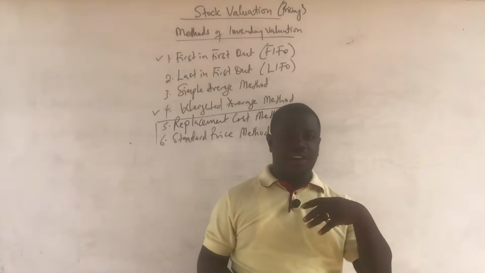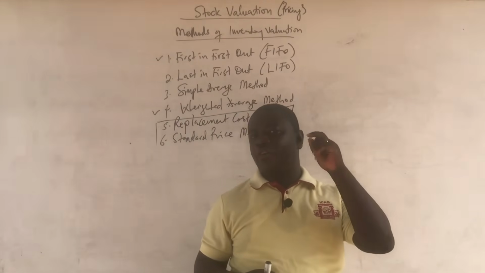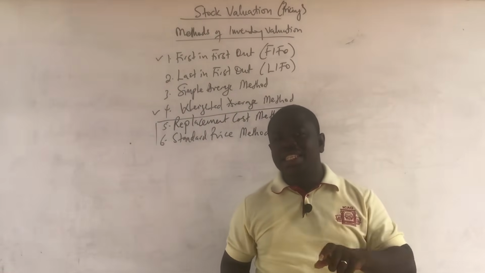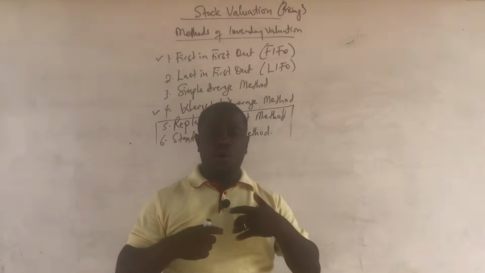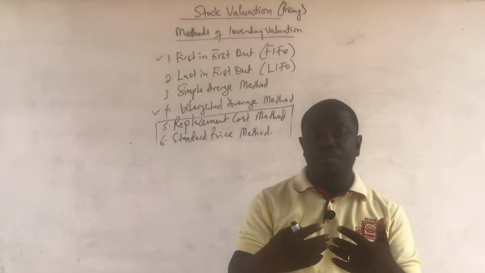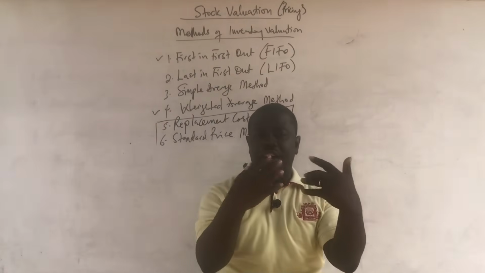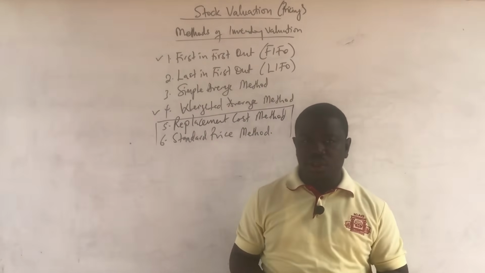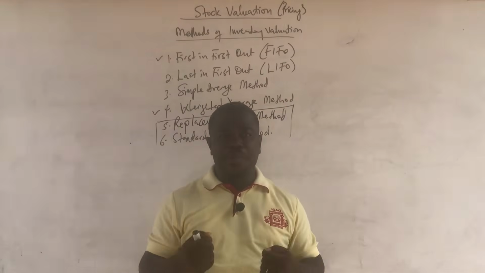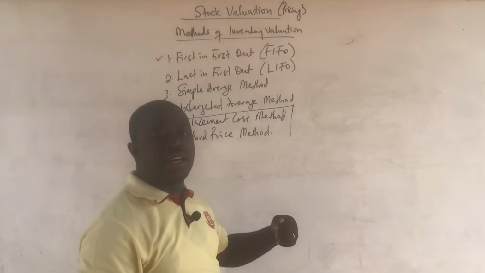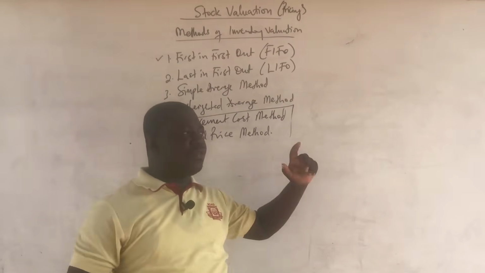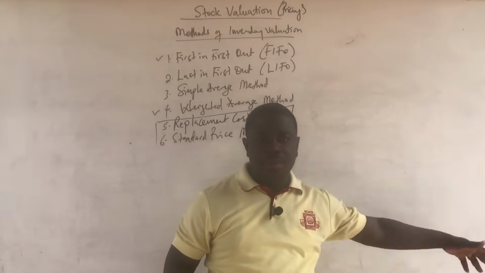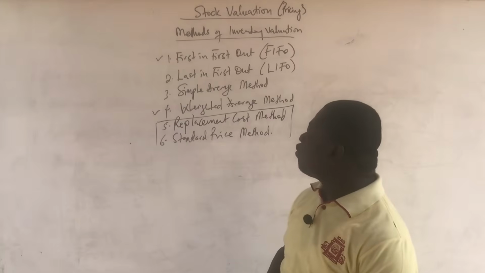So if the first 100 came in at 5 cedis per stock, and then the next 200 came in at 8 cedis per inventory, and you are issuing it out, or someone is coming to buy from you, are you going to sell at the 5 cedi or the 8 cedi? That is a question to answer. For the purpose of pricing, you need to sell it at the first price. So the first 100 must go for 5 cedis before later the 8 will also come. So that is what we do with stock valuation.